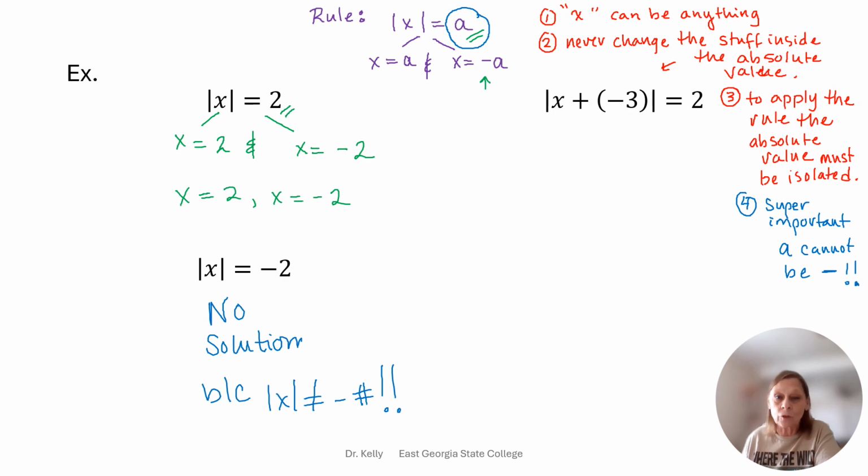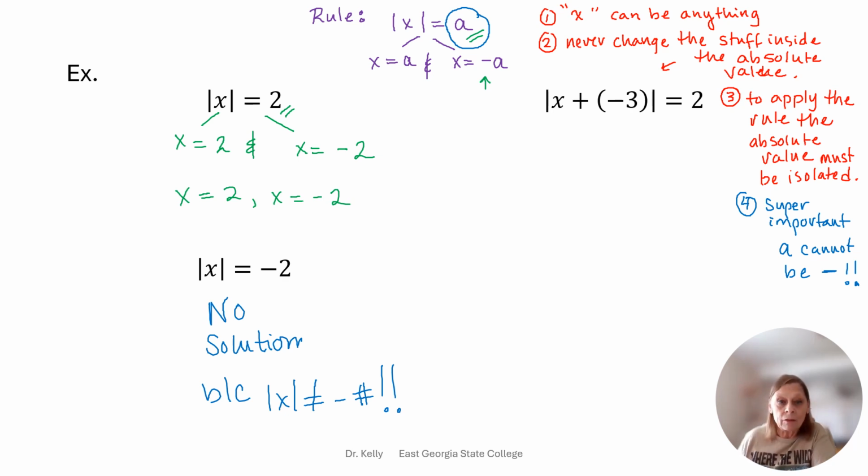Now, the answer can be negative, but when it is still in the form of absolute value, because of the definition of absolute value being the distance from 0 to some value, it can never ever be negative, and I think we will all agree, you don't measure distance in the negative, then this is going to have no solution.